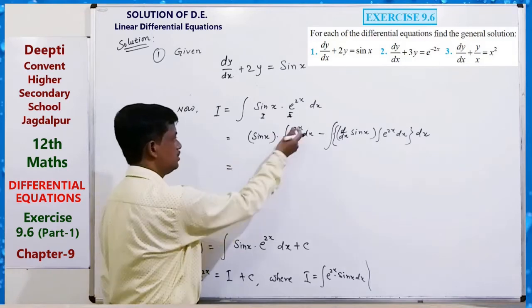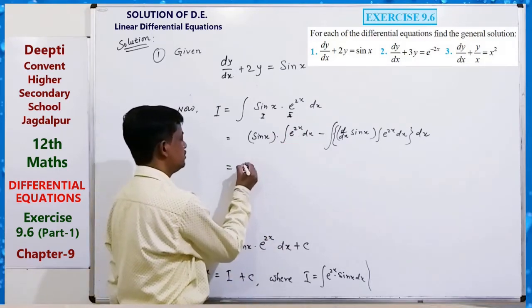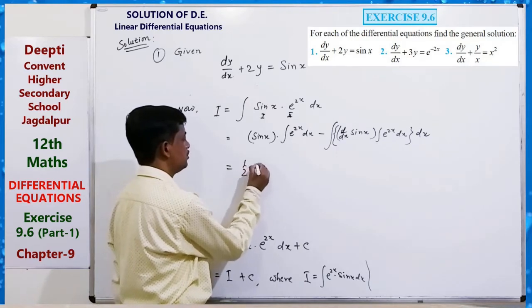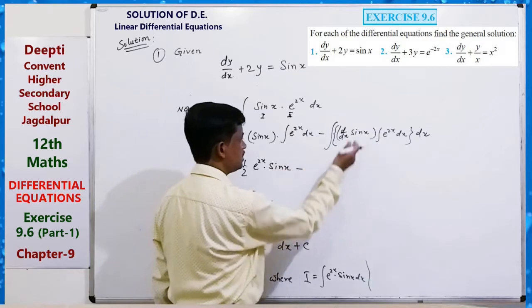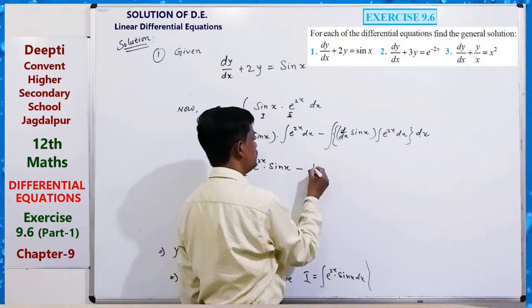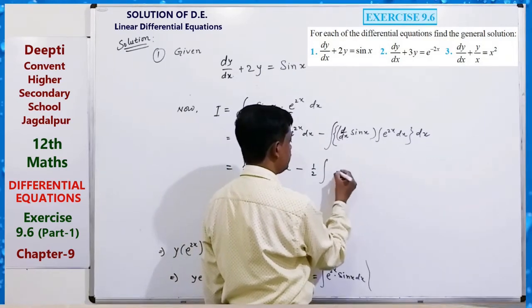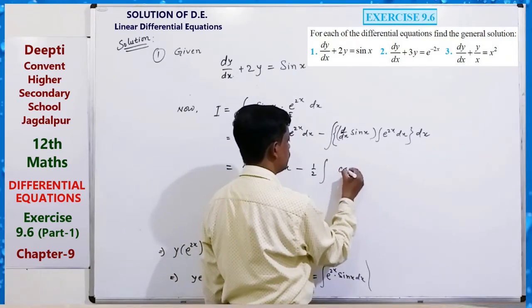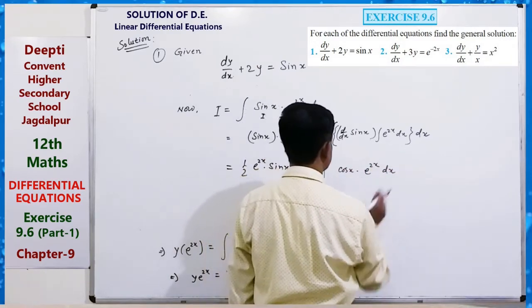So this is 1 by 2 e to the power 2x into sin x minus, since the derivative of sin x is cos x, 1 by 2 integration of cos x into e to the power 2x dx.